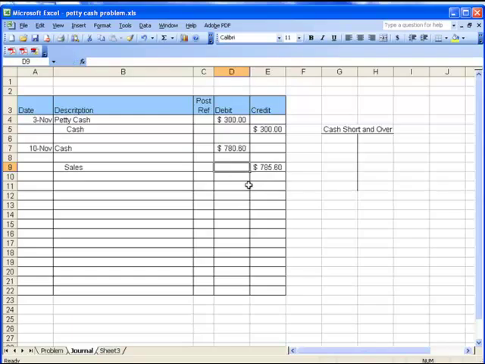If we look at our debits and credits here, we have $780.60 worth of debits and $875.60 worth of credits. So our cash short and over in this case needs to be a debit in order to make our debits equal our credits. All right, that takes care of that transaction.